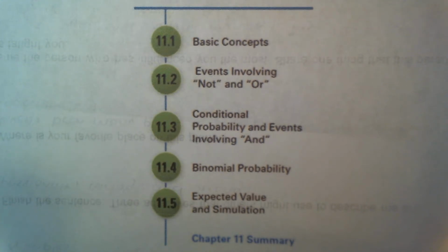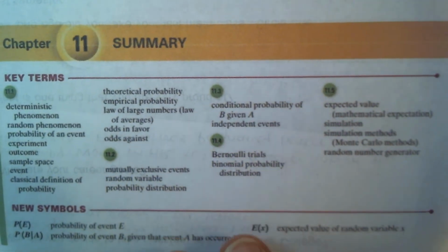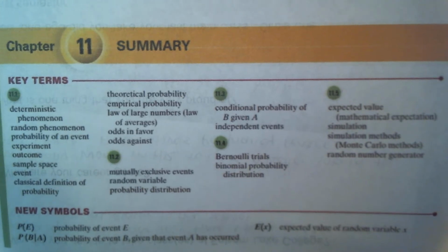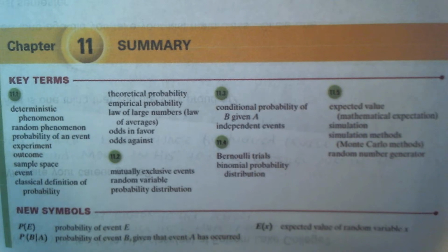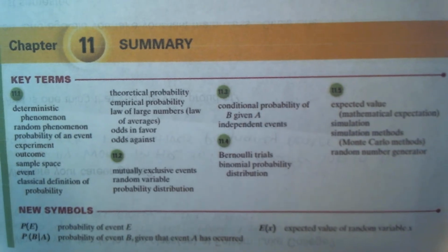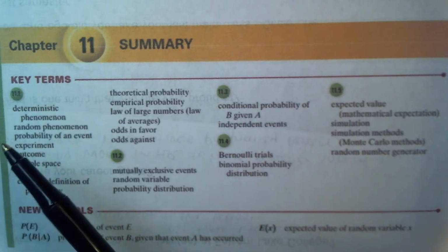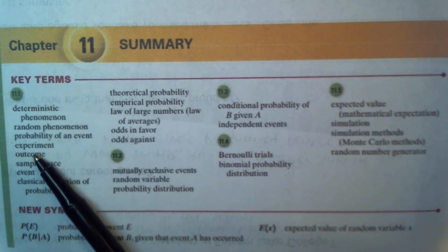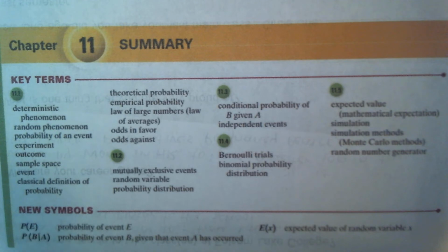This, by the way, is one of the most important things you look at, this chapter summary, because as I mentioned in the introduction to this course, in the welcome message, your math vocabulary is all important. And so the chapter summary lists the new terms, and you're responsible for understanding them and knowing the definitions.